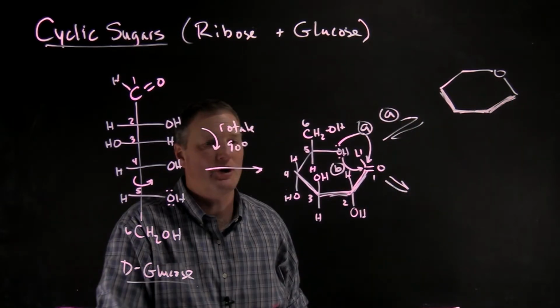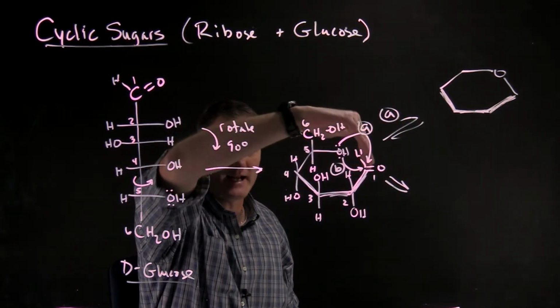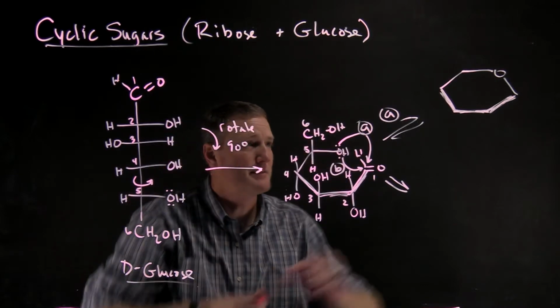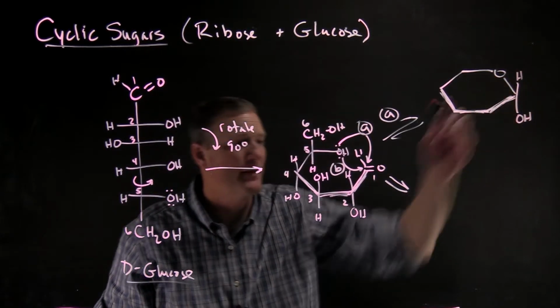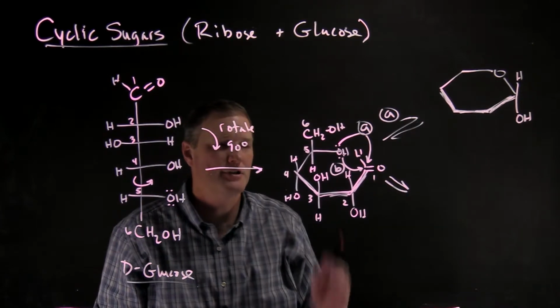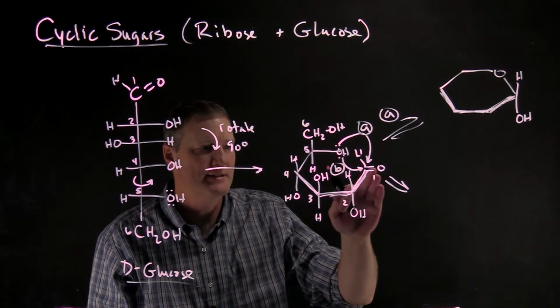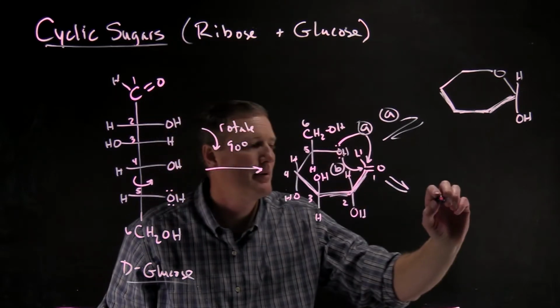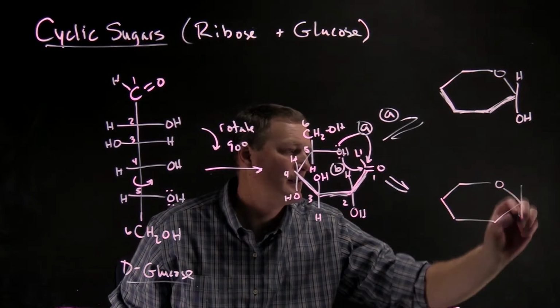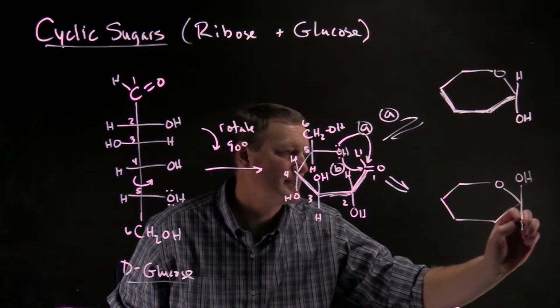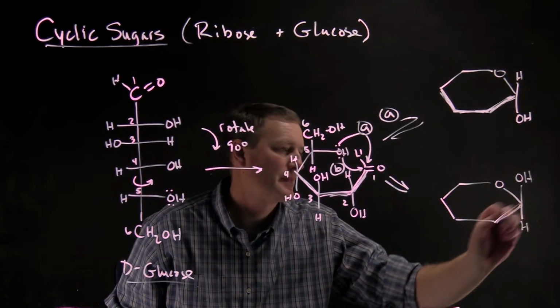So if pathway A is occurring, the OH is coming in from the top side of the aldehyde, so this oxygen will flip down relative to the plane defined by the new ring. Conversely, if it goes from the underside of this, the oxygen on carbon 1 is going to flip up, and I would then get the OH up relative to the plane defined by the ring.